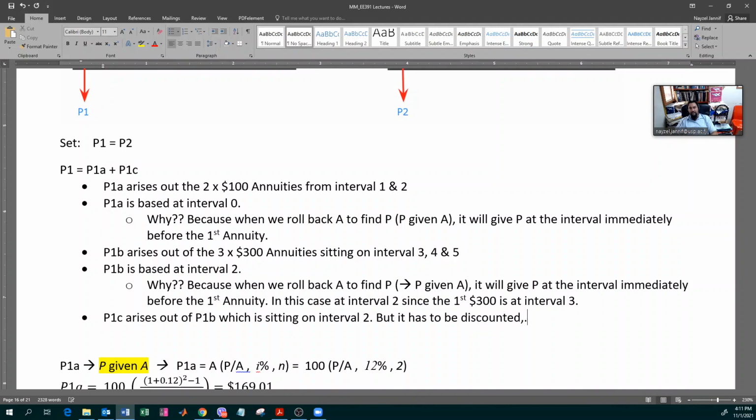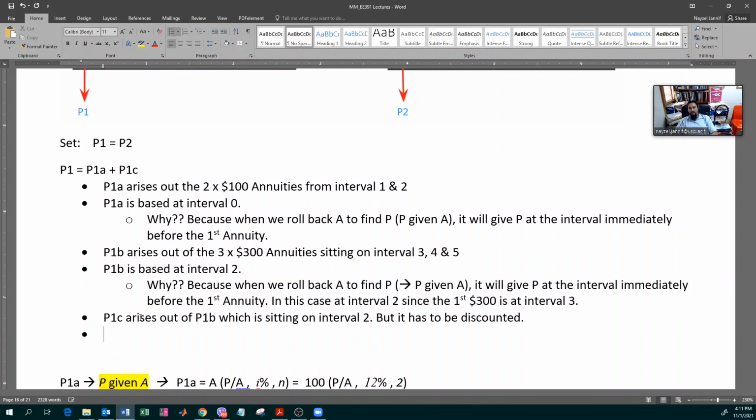I'm using the English term here, discounted. What is the technical term? What formula do we use? It has to be discounted to interval 0. Discounted means what? How do we do discounting, guys? We have to find P given F.